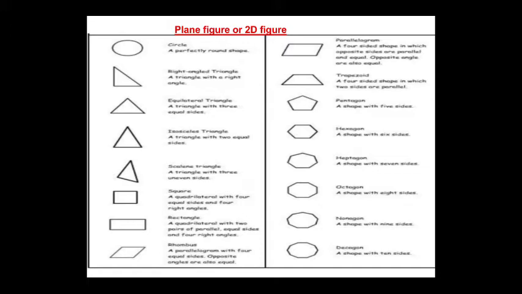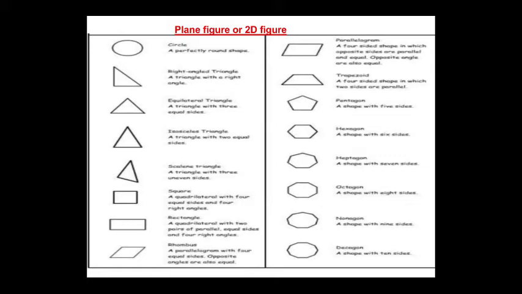When two rays meet at a point, you get an angle. Types of angles I also explained. What do you mean by a right angle? The angle which measures 90 degrees is called a right angle, right? A right angle triangle is a triangle in which one of the angles is 90 degrees.